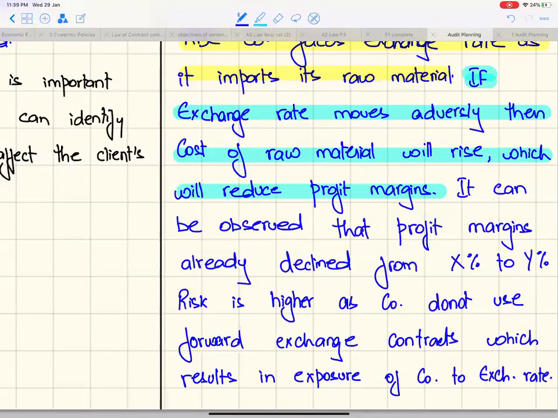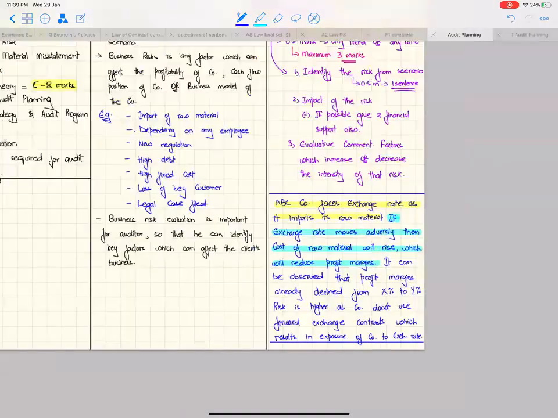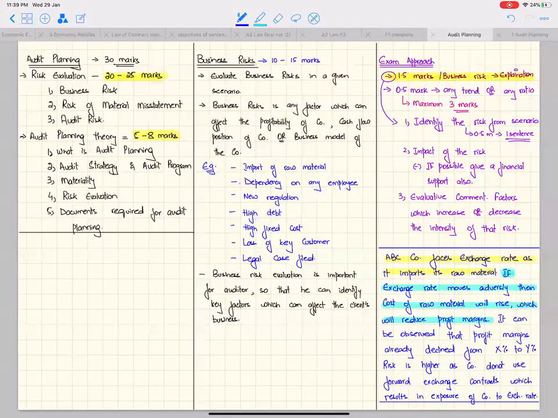If the company does not use the forward exchange contract, therefore the risk is higher.